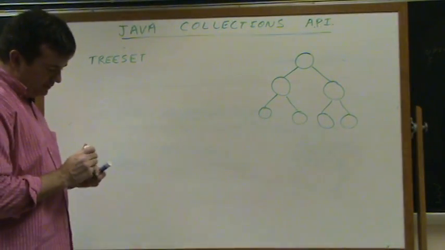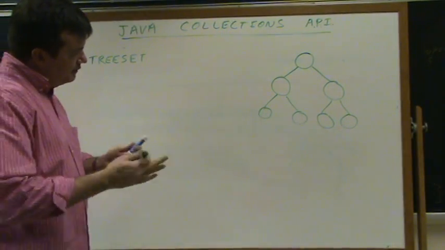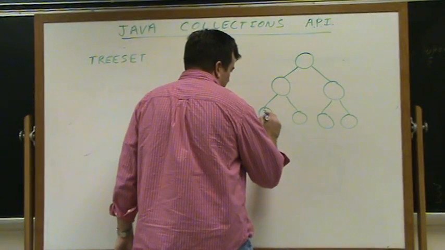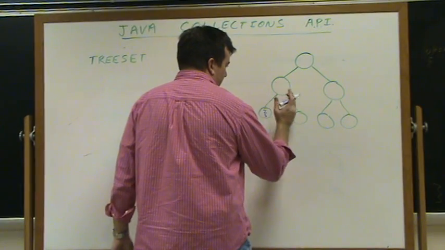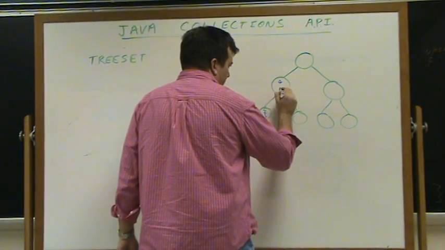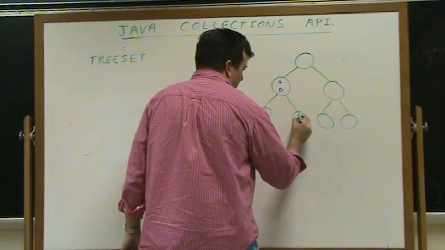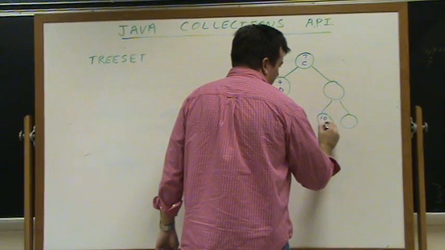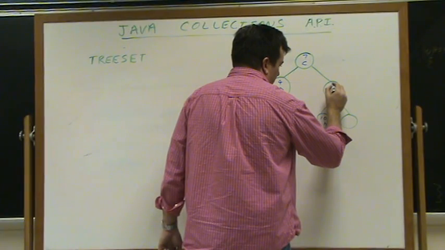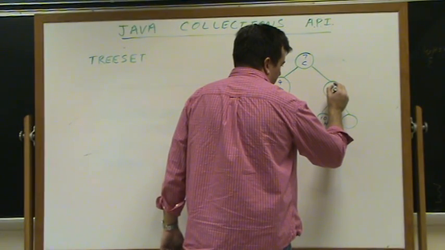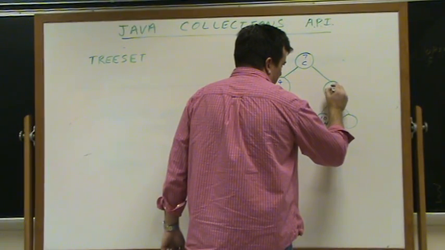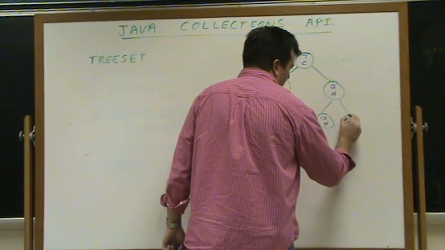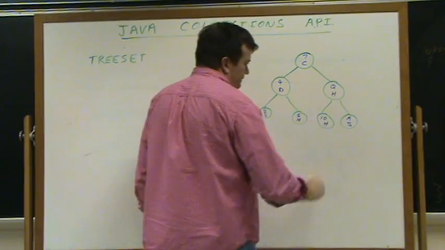Suppose we had cards in a deck: a 2 of spades, a 4 of diamonds, a 5 of hearts, a 7 of clubs, a 10 of hearts, a queen of hearts, and an ace of spades.